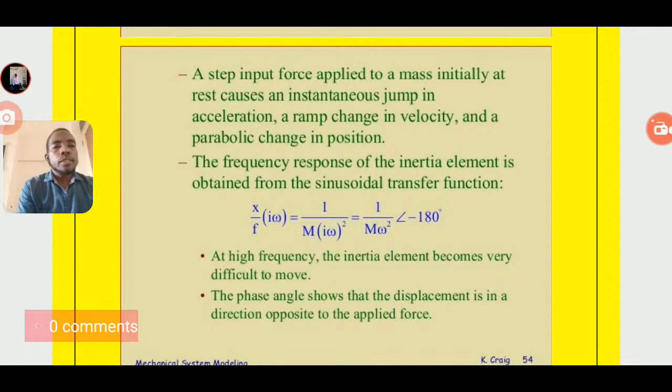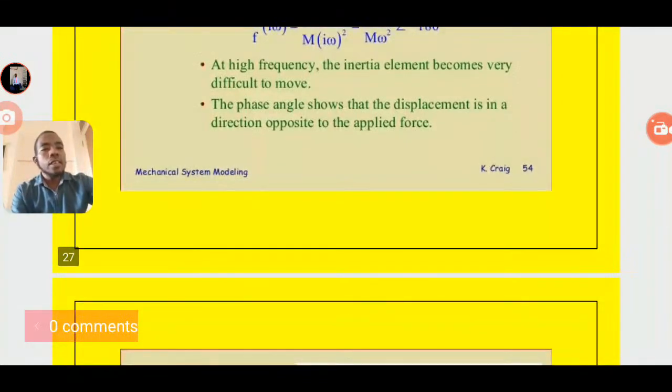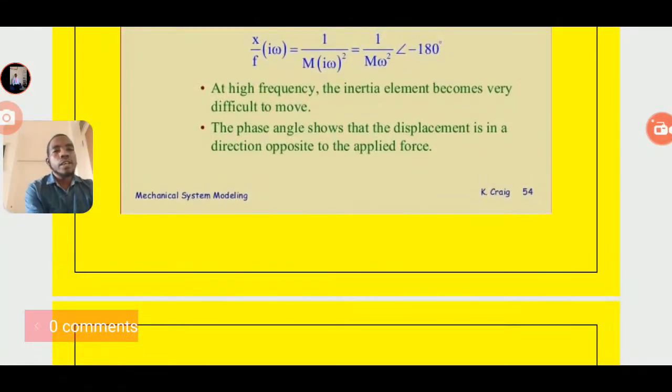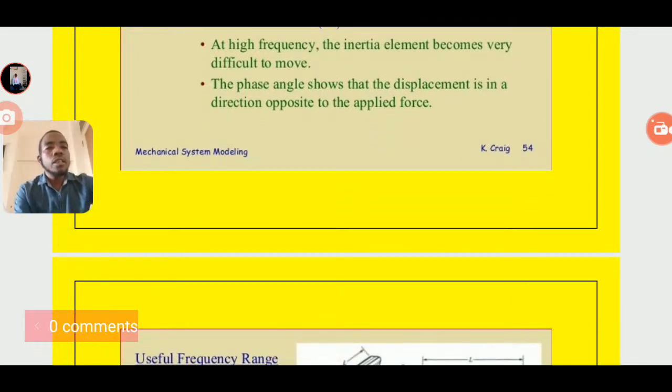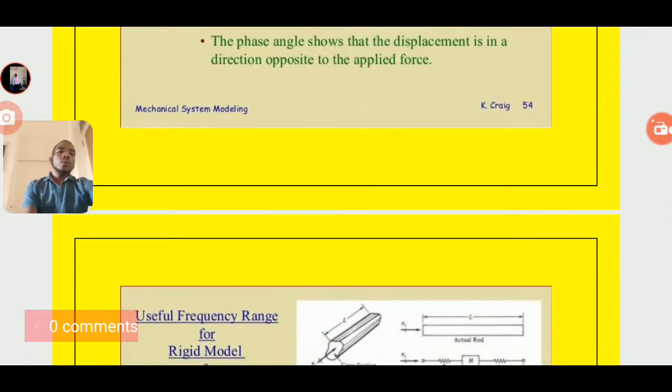The sinusoidal transfer function can be represented as x/f(iω) is equal to 1/(m(iω)²), which is equal to 1/(mω²) at an angle of minus 180 degrees. At high frequency, the inertial element becomes very difficult to move. So the phase angle shows that the displacement is in the direction opposite to the applied force.